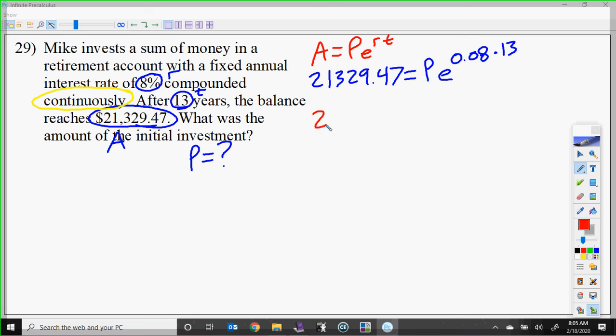But I'm going to go ahead and actually change that exponent to just one number. So this is e to the 0.08 times 13 is 1.04. Alright. Now I'm going to divide both sides by e to the 1.04.